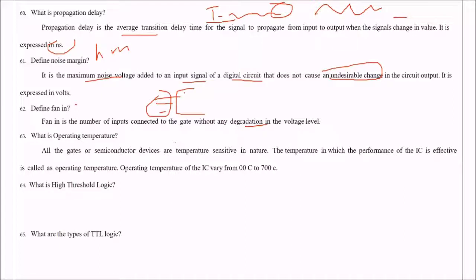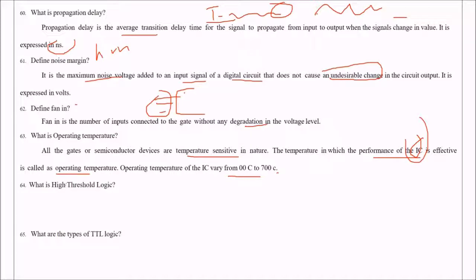So the temperature in which the performance of the IC is effective is called operating temperature. Operating temperature in integrated circuits may vary from 0 degree centigrade to 70. Beyond that, it will not be effective.